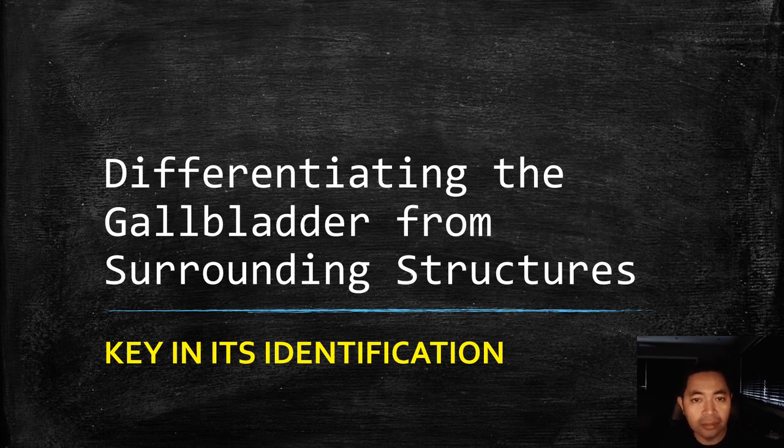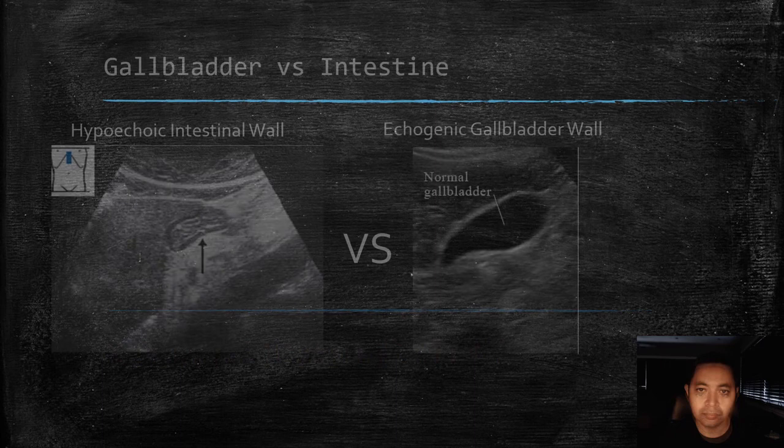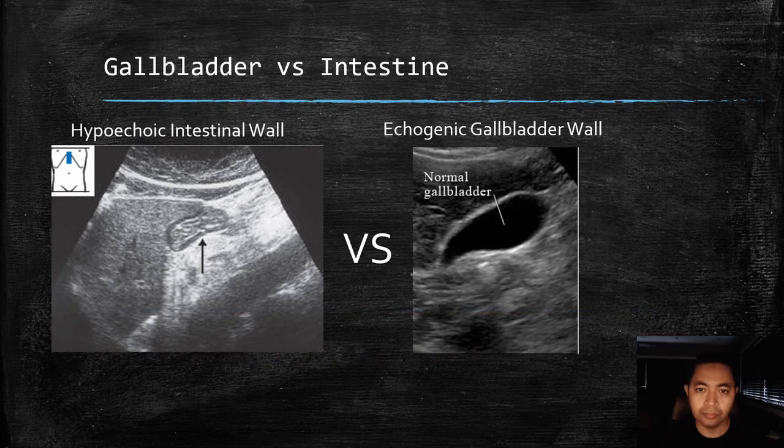Differentiating the gallbladder from other structures is key in its identification. The duodenum, or other intestinal loops, is a frequent area of confusion, as they have similar appearances on ultrasound. The primary method to tell the two apart is to examine the appearance of their respective walls.